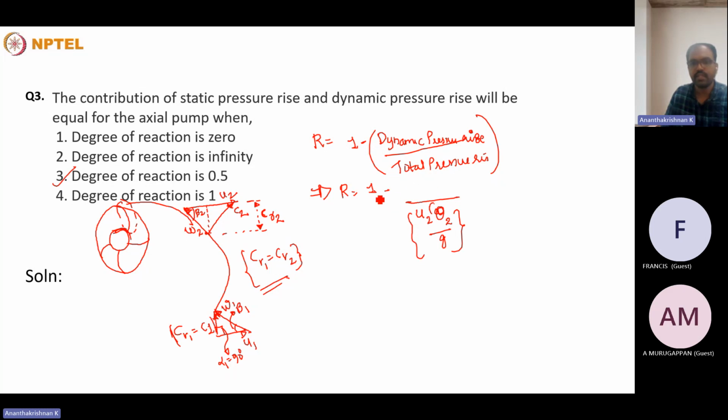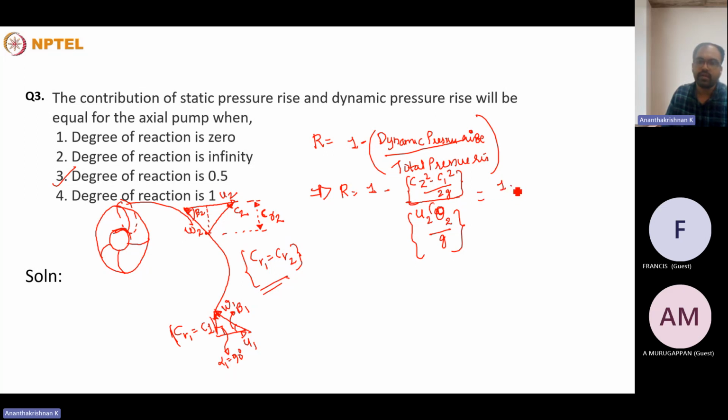So we write this in terms of head. Then the other question will be, what is the dynamic pressure rise? The dynamic pressure rise will be the change in kinetic energy between the outlet and the inlet. So that will be C2 squared minus C1 squared divided by 2g. This will be the dynamic pressure rise term.